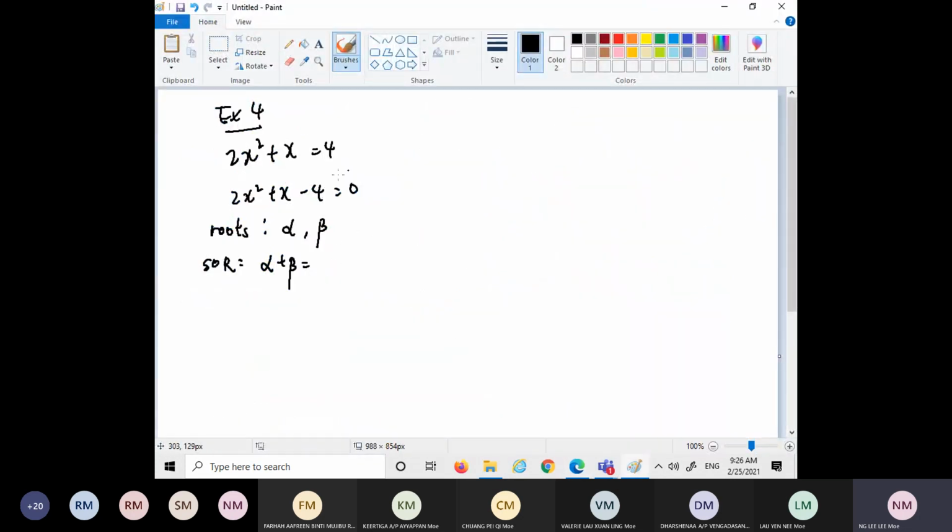So come back here. What is the b here? If you want, you can list out: a is 2, b is 1, and c is -4. Negative b over a, so -1 over 2. Nothing you can simplify, just leave it, because afterward you're going to use this: alpha plus beta is equal to -1 over 2.